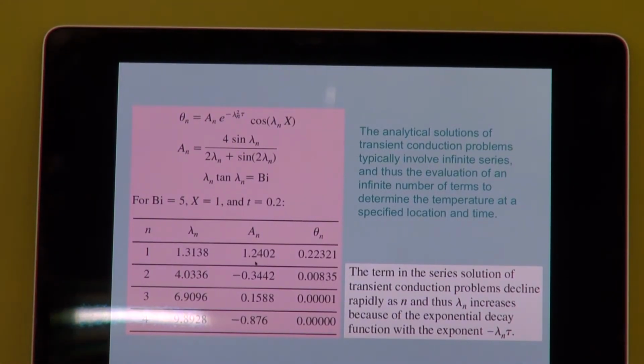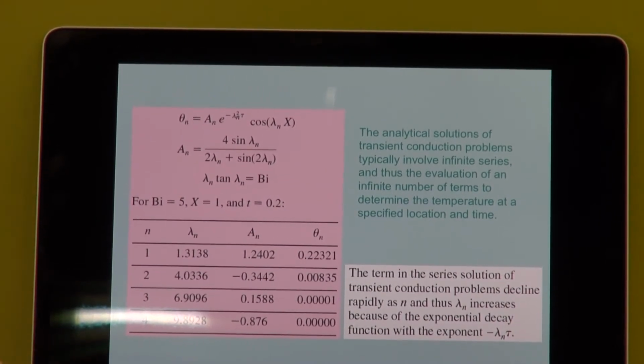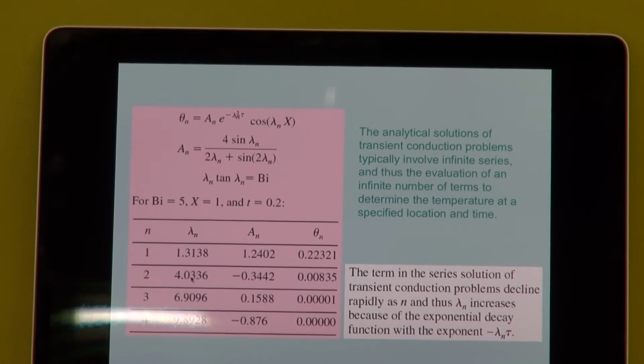An is equal to 1.2402, and the non-dimensionalized temperature would be equal to 0.22321. Okay? You see that? Now for the case where n is equal to 2, there is lambda n, there is An, and now we see the non-dimensionalized temperature as 0.00835.